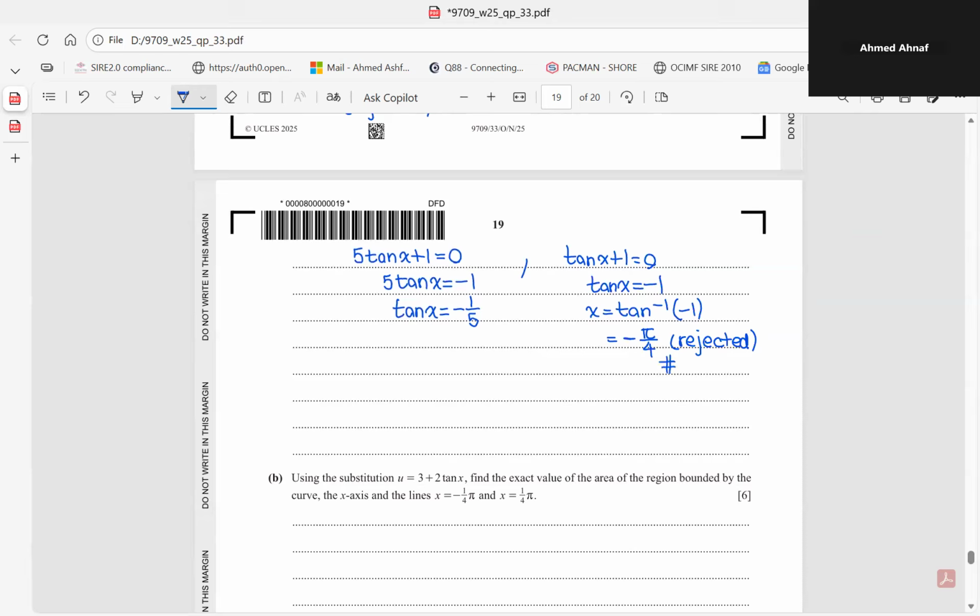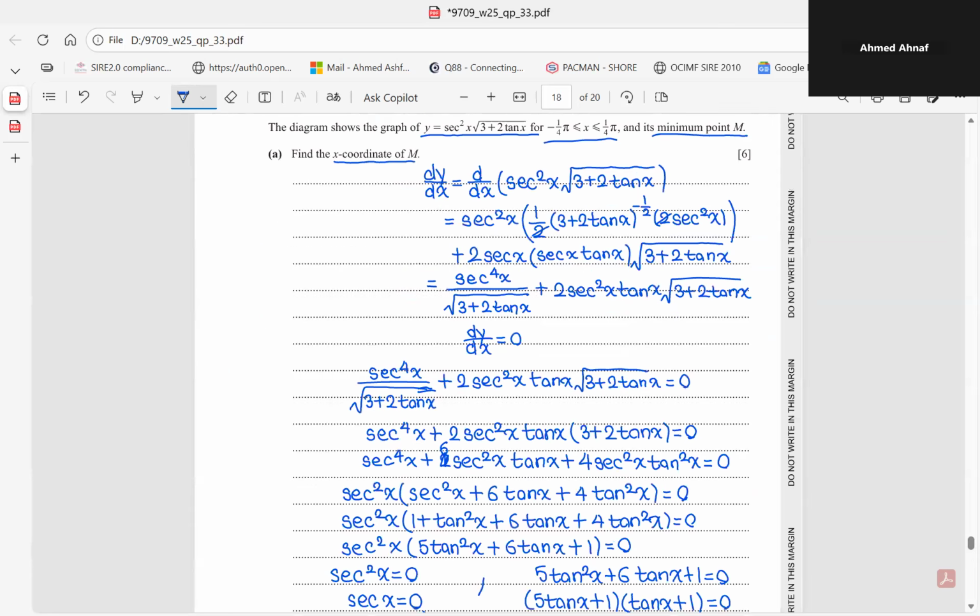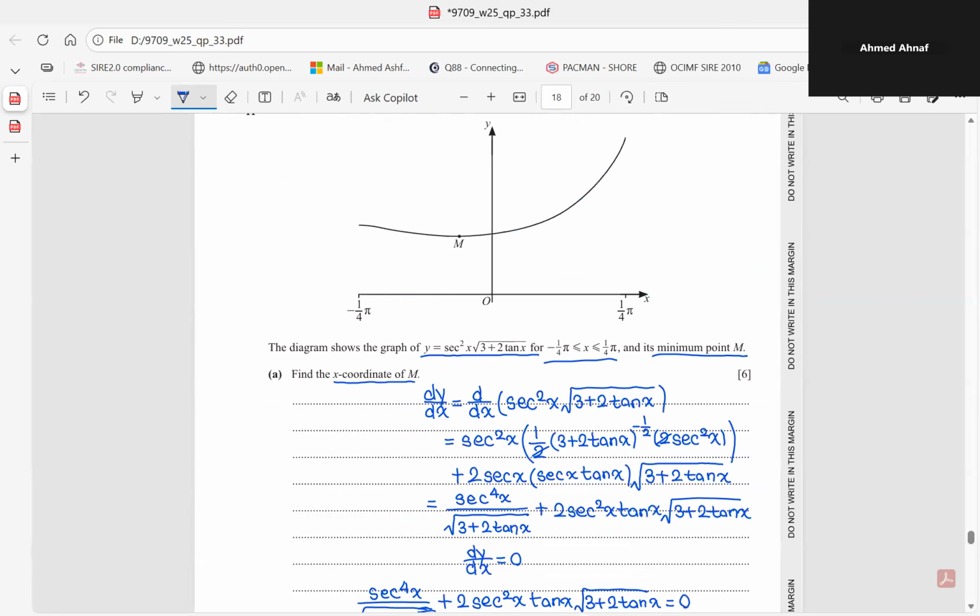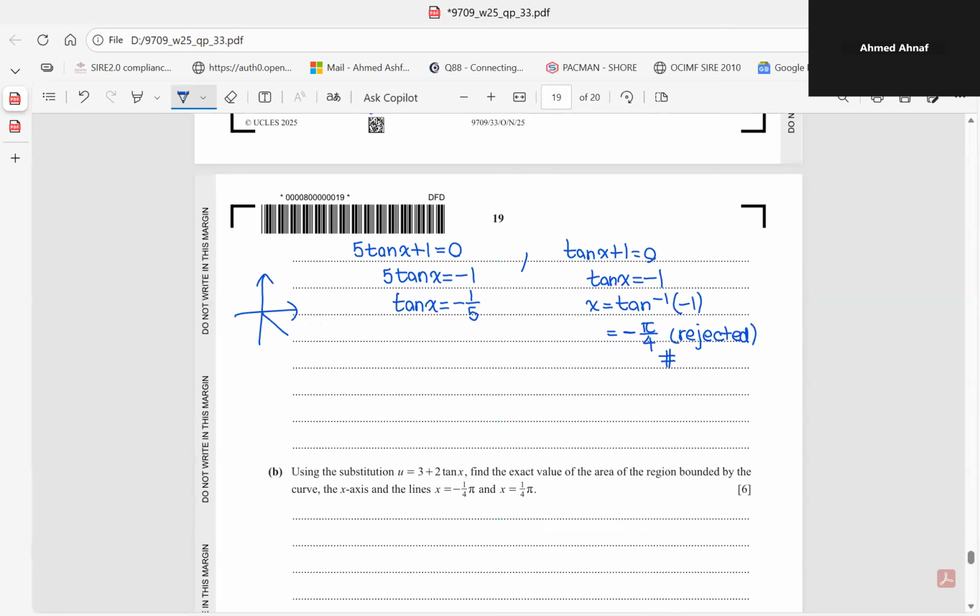So this is our only option available. Since this tangent x value is negative, using our unit circle, which would cover from π/4 to -π/4, -π/4 is from here all the way to here. So it only covers these two, so this is A and C.